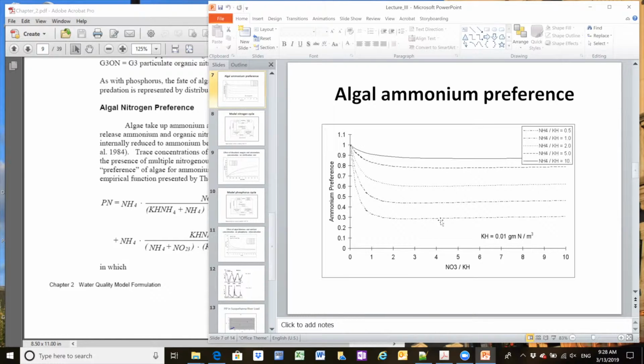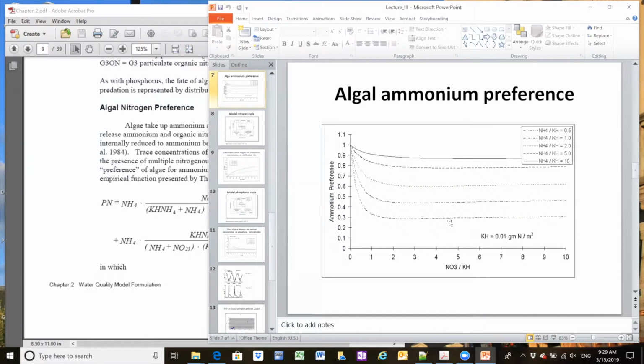As you might expect, as the amount of nitrate diminishes, the preference for ammonium increases. And as the amount of ammonium relative to the half saturation decreases, here the ammonium is 10 times the half saturation, the preference decreases.